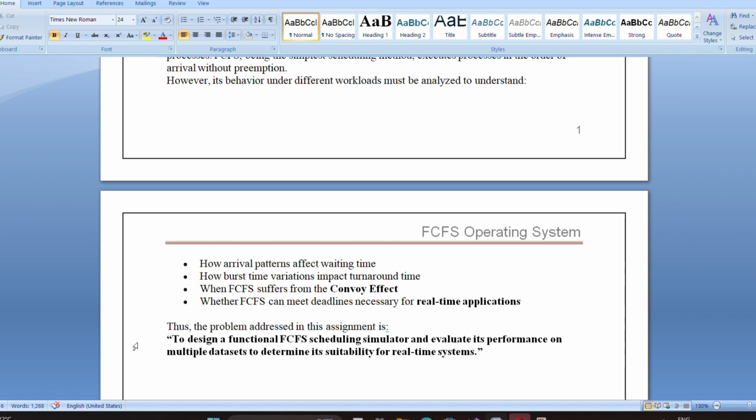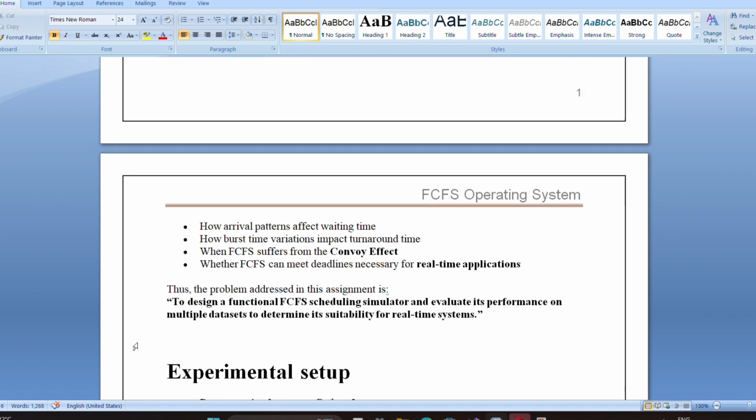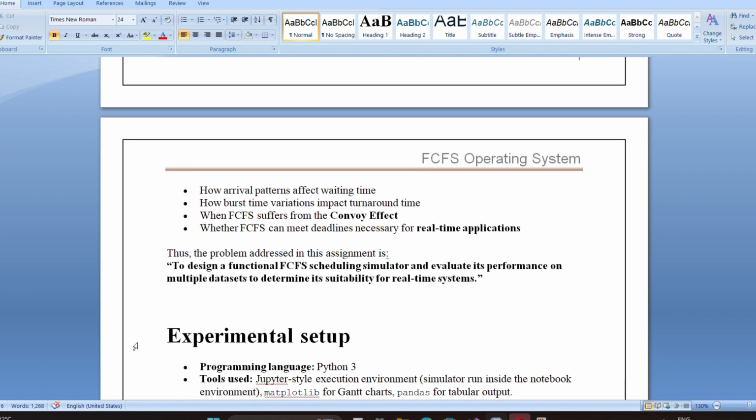However, its behavior under different workloads must be analyzed to understand how arrival patterns affect waiting time, how burst time variations impact turnaround time, when FCFS suffers from a convoy effect, and whether FCFS can meet deadlines necessary for real-time applications.